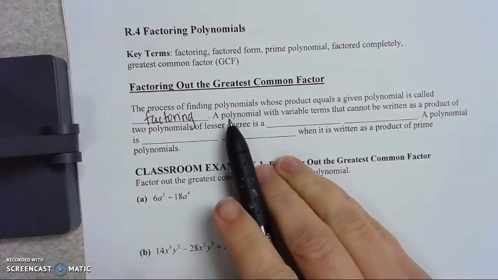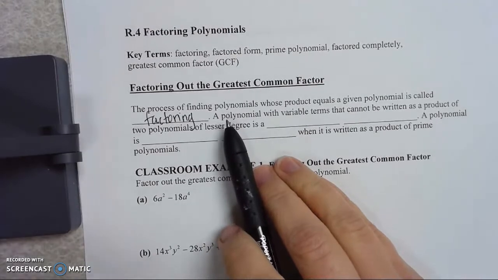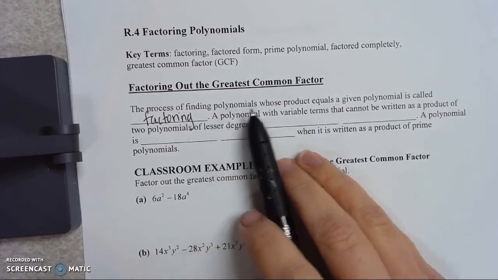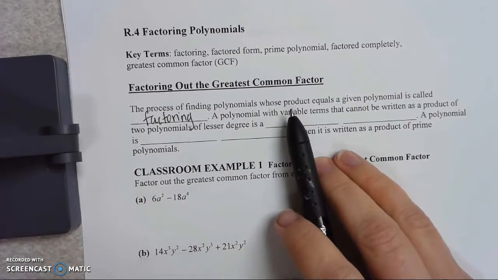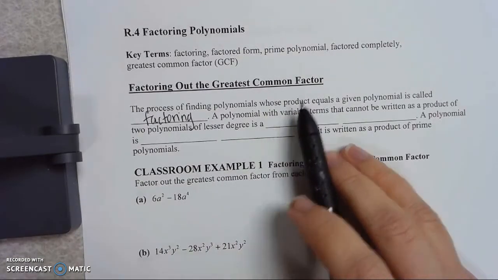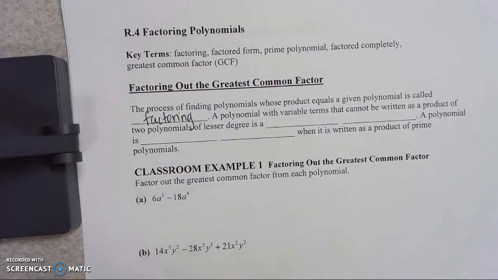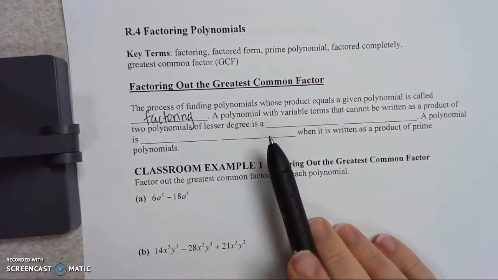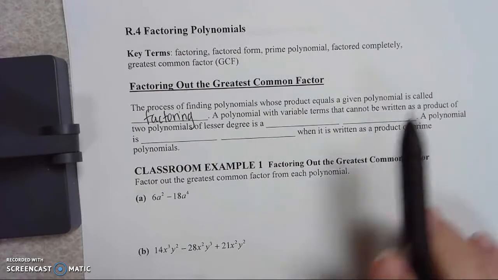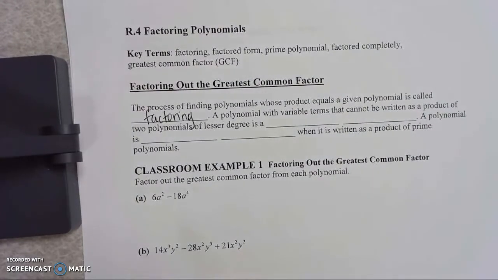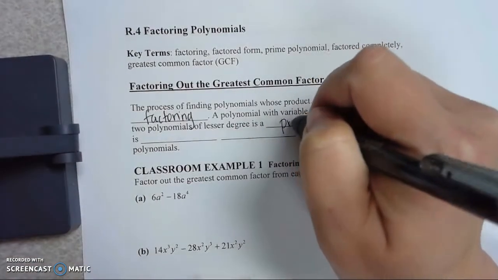This is where I'm going to give you a polynomial, which remember is addition and subtraction of terms, and we're going to look to see what we multiplied to get that polynomial. That's what we're trying to find when we're factoring. A polynomial with variable terms that cannot be written as a product of two polynomials of lesser degree is a prime polynomial.